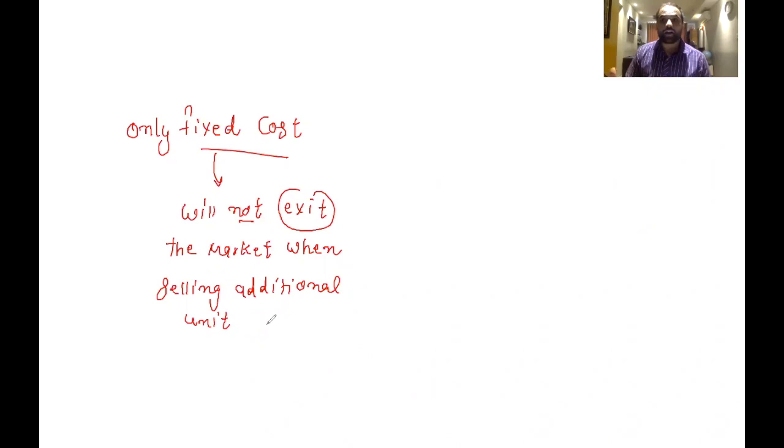So you have a profitable opportunity. That's the reason the firm will not exit when you have just fixed cost. So additional revenue, but not additional cost, means making profit. Price increases, but cost does not increase, so profit increases. That's the meaning of only fixed cost.